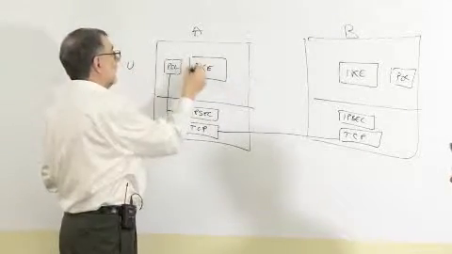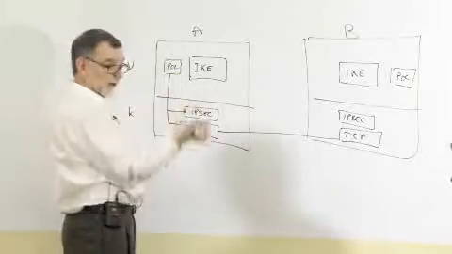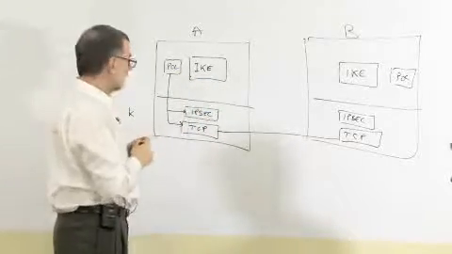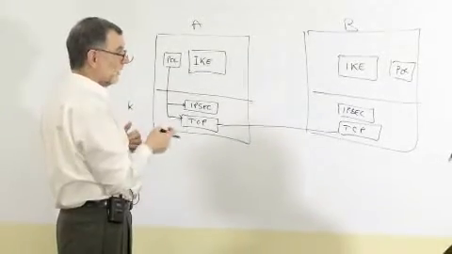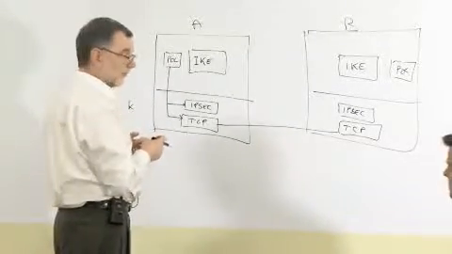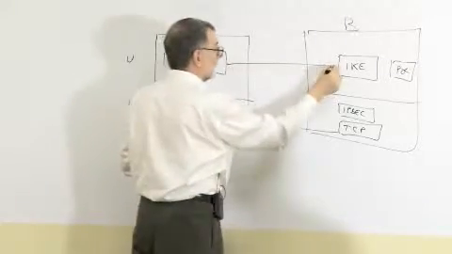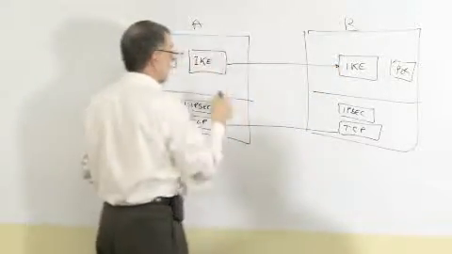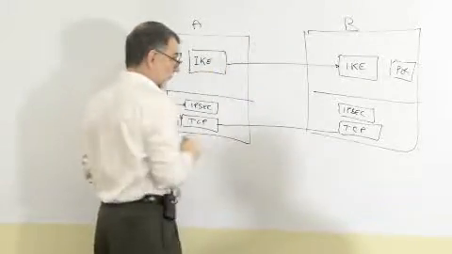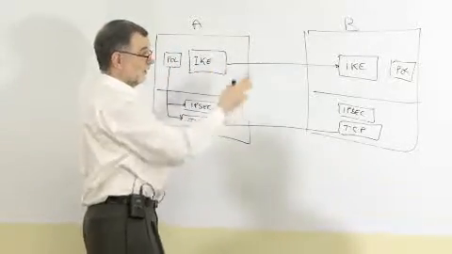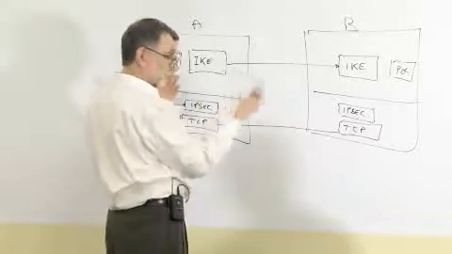The IKE daemon's job, by the way, IKE stands for Internet Key Exchange. The IKE daemon's job is to communicate with the far side and to create the keying material. So let's say A is initiating a conversation with B. The IKE daemon will communicate with machine B's IKE daemon and will authenticate.